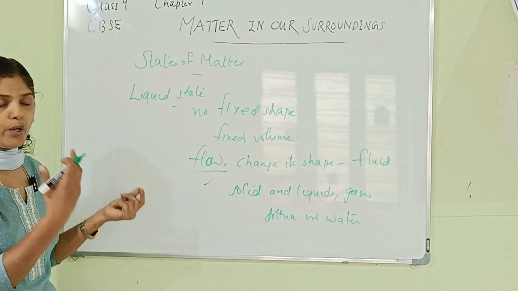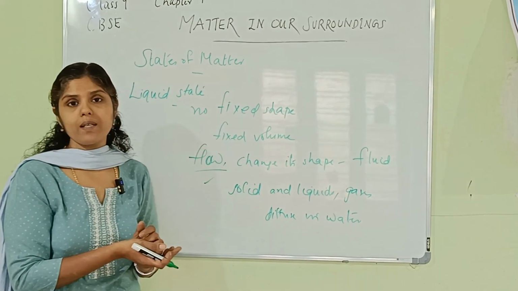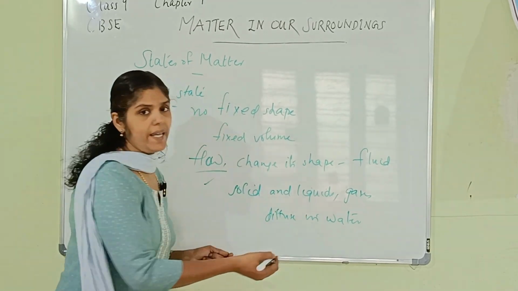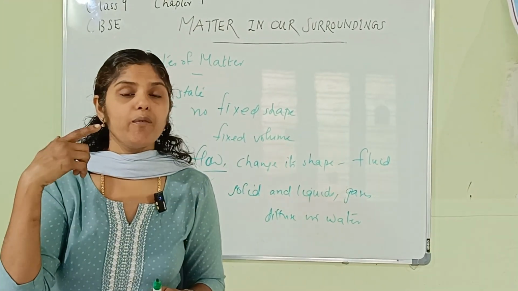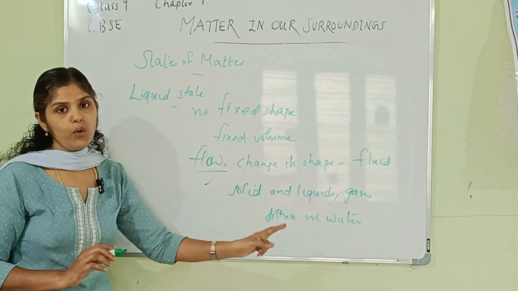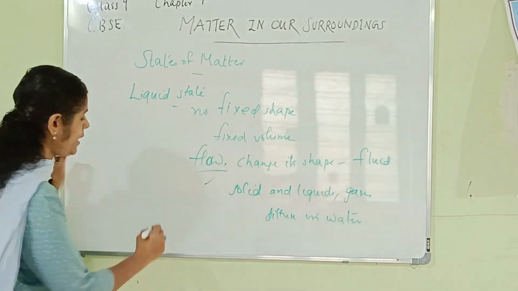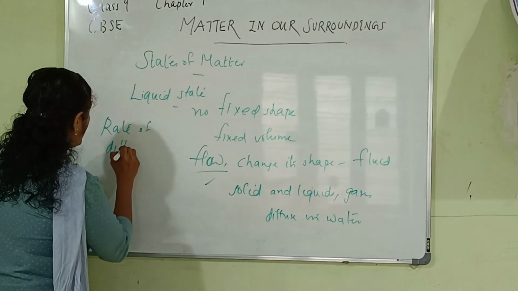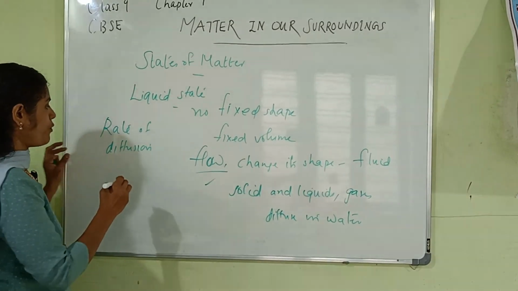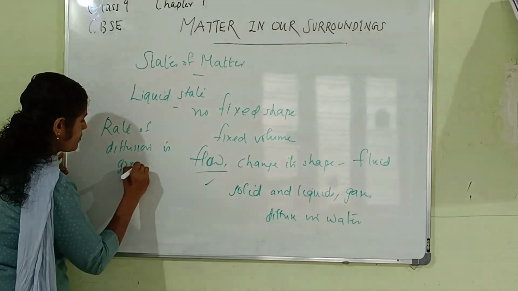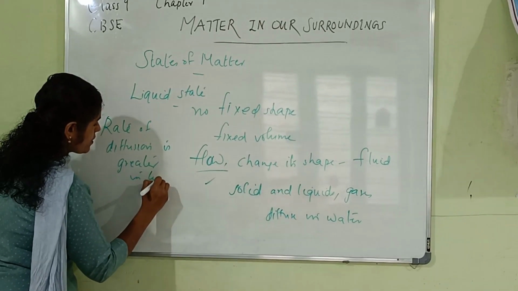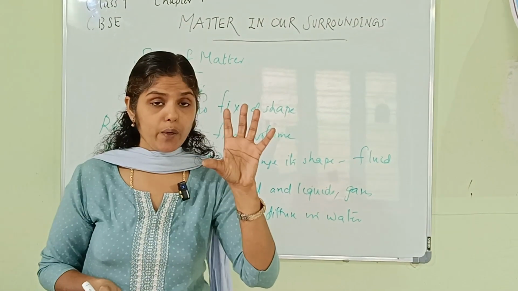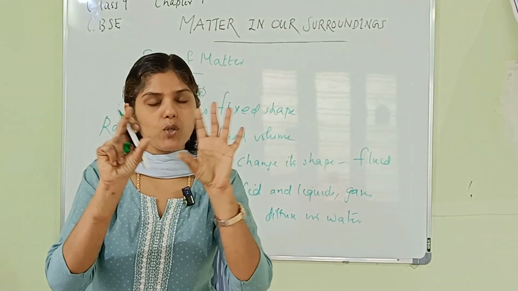While considering matter in the liquid form, which one diffuses more in liquids? Yes, the liquid. Matter in liquid form diffuses more easily in water. So the rate of diffusion is greater in liquids as compared to solids. This is because in liquids the particles are not so closely attached.